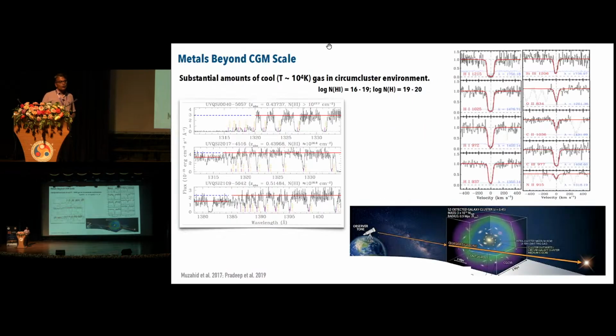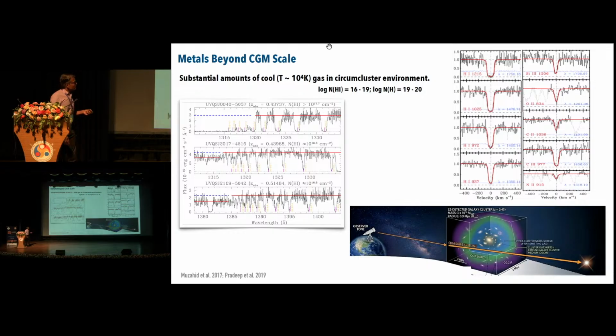And we can also look at galaxy cluster outskirts. The gas associated with galaxy clusters is typically studied in X-rays when you want to detect the intra-cluster medium, but there are also large reservoirs of gas in the outer regions of clusters, in what is known as the circumcluster medium.